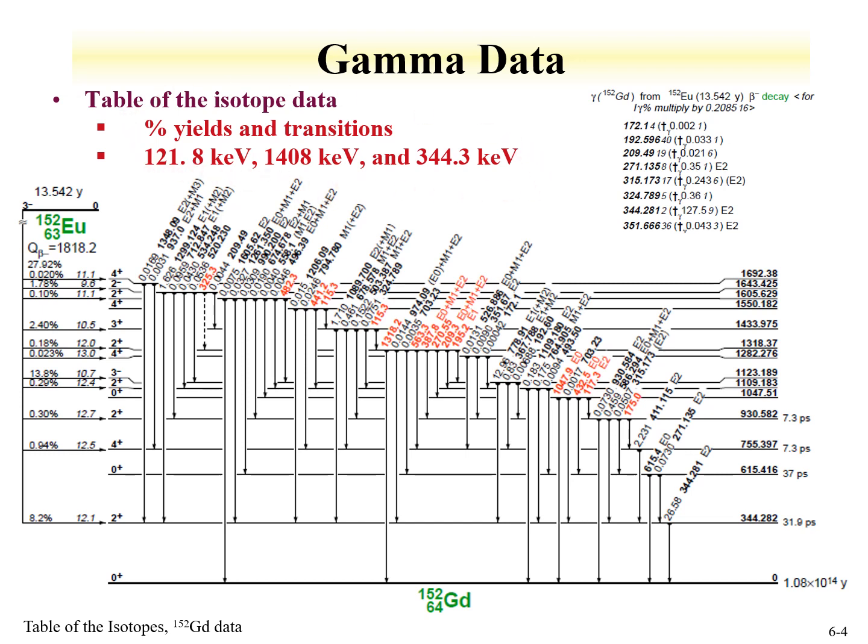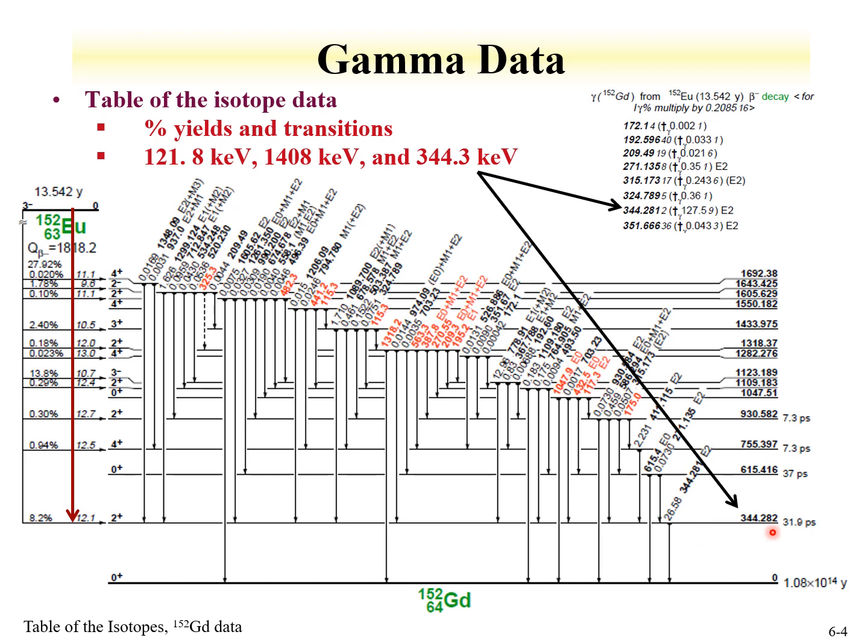And if we explore the data as we've shown in the table of the isotopes, we can find the gamma decay for this 344 keV. So when europium-152 decays to the gadolinium-152, it goes to this excited state.